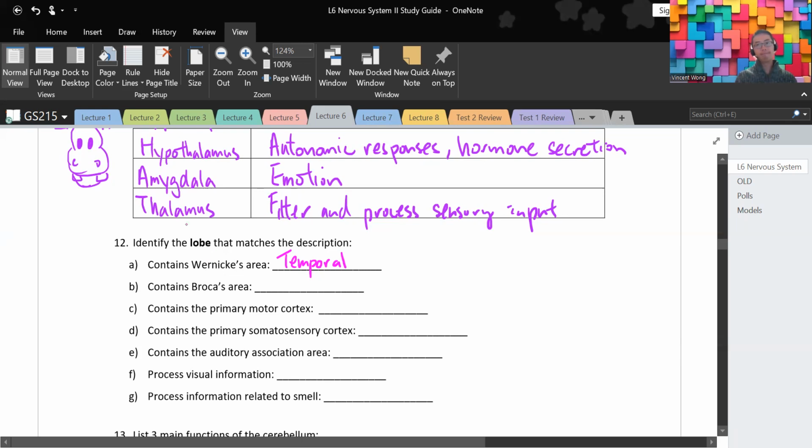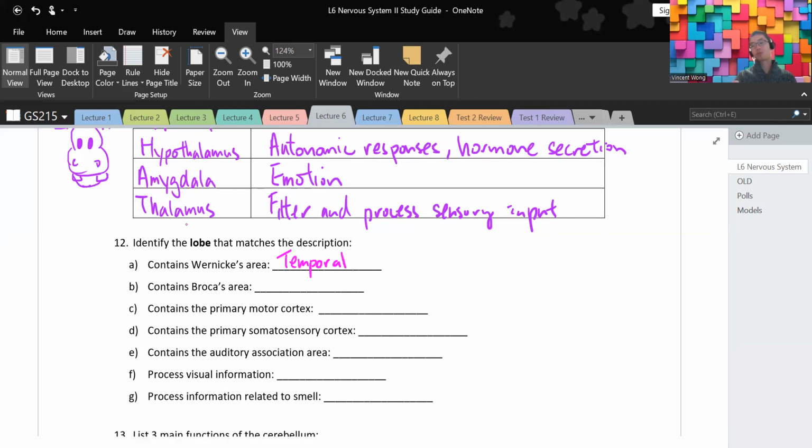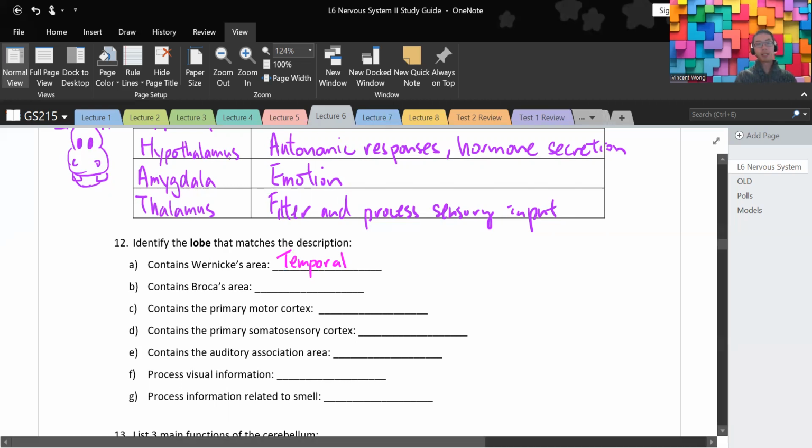If you damage it, you won't know what the other person is saying, even though it's a language that you speak, and you can read an instruction and you wouldn't know what you're reading. Broca's area. Where do we find that? Frontal. The frontal lobe. Both of these are left side, left brain only. Usually.